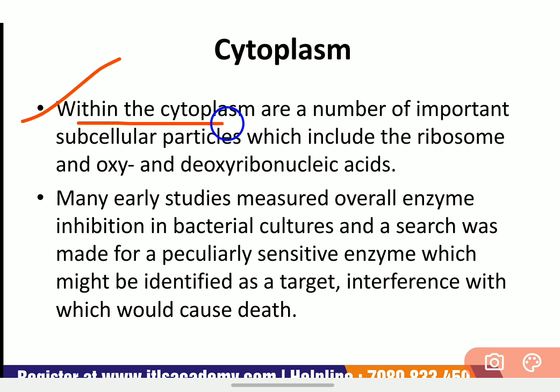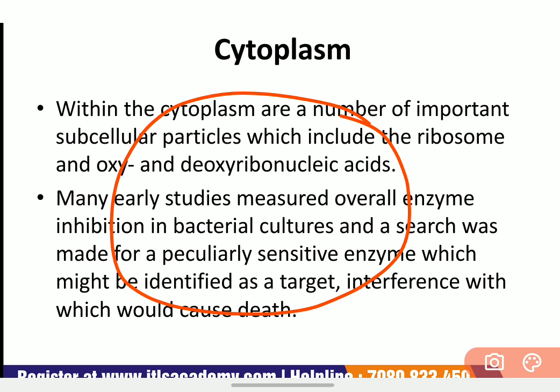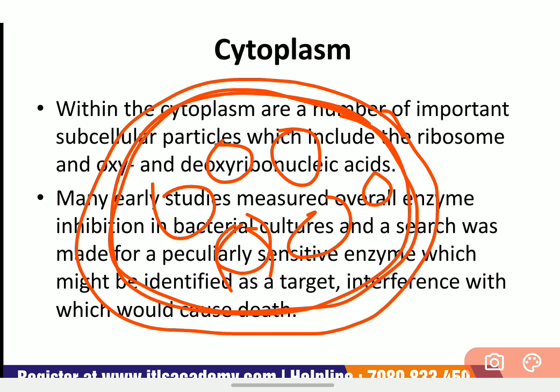Within the cytoplasm are a number of important subcellular particles which include the ribosome and deoxyribonucleic acid. Cytoplasm contains most of the cellular organelles, and it is surrounded by the cytoplasmic membrane and then the cell wall.